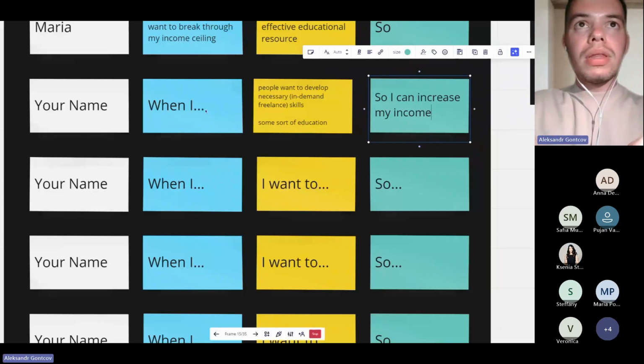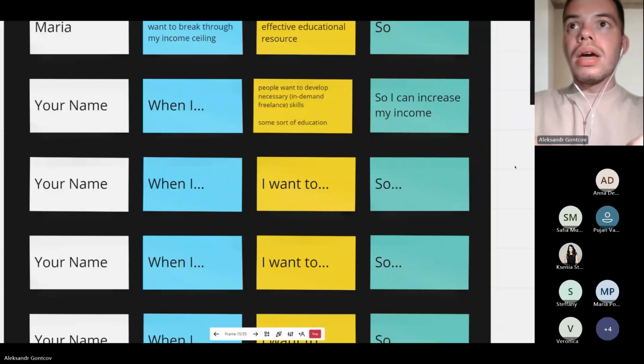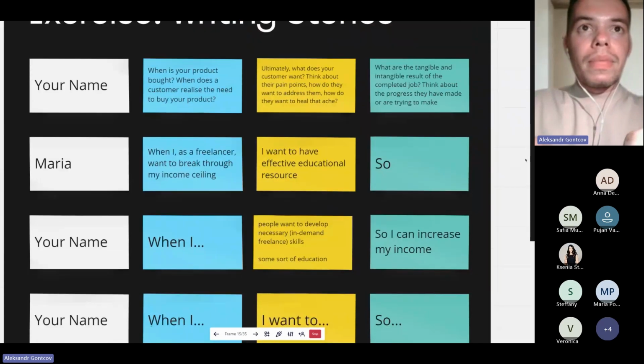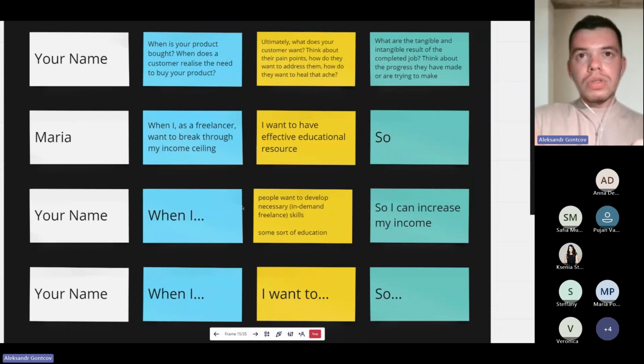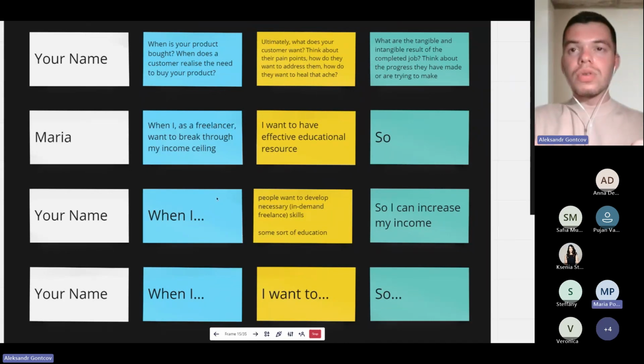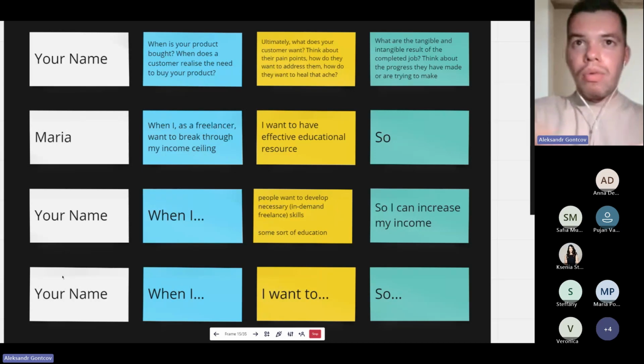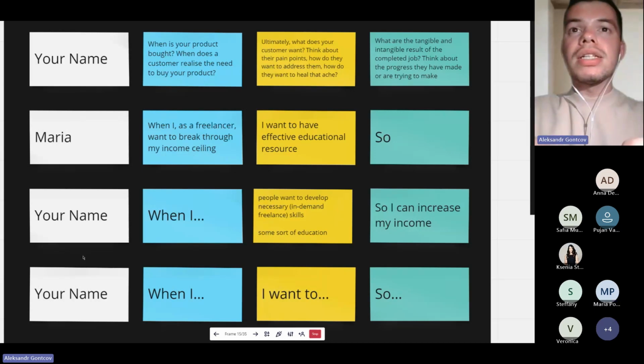We are putting this here. When I, as a freelancer, want to break through my income ceiling, I want to have educational resources. Perfectly, these two rows work great.